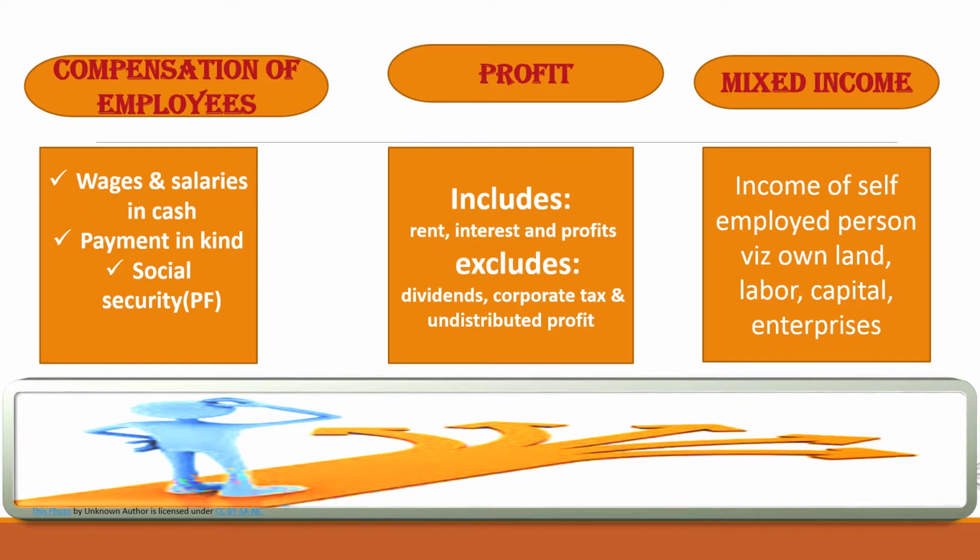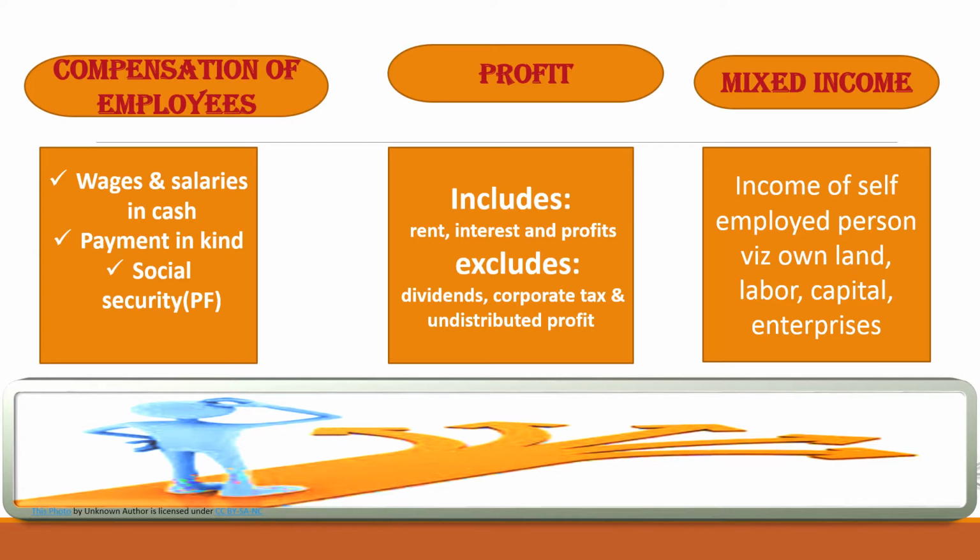Compensation of employees will include wages and salaries paid in cash by the employer to the employees, and payment in kind, like rent-free accommodation given by the employer to employees. Social security will include provident fund and retirement pensions, but be careful, old age pension is not included here.